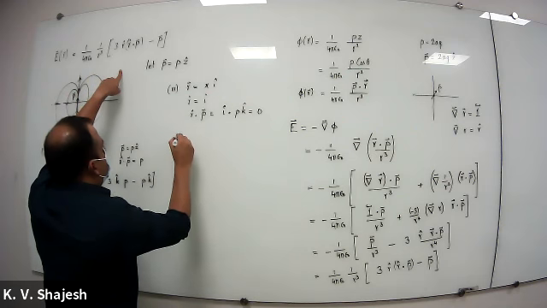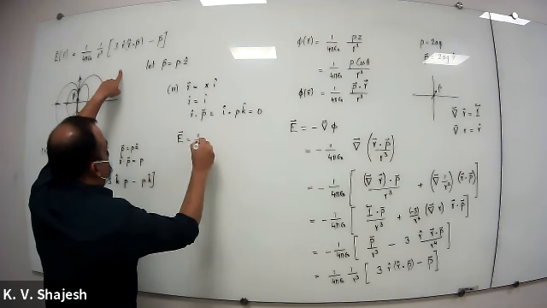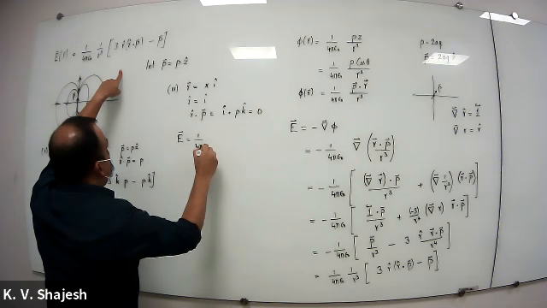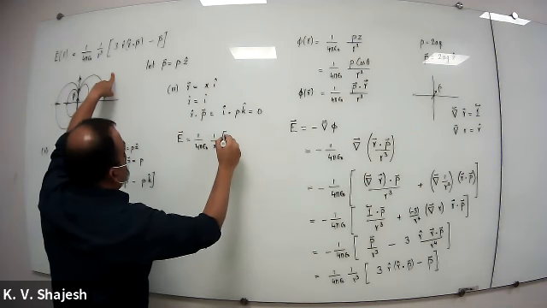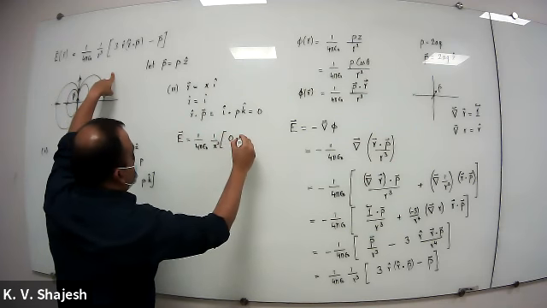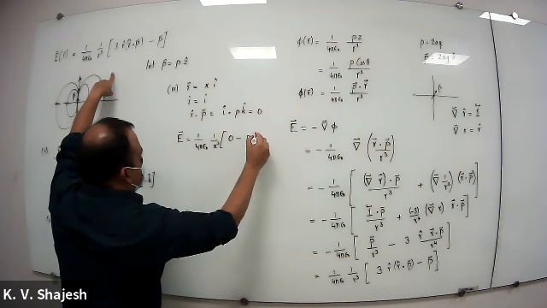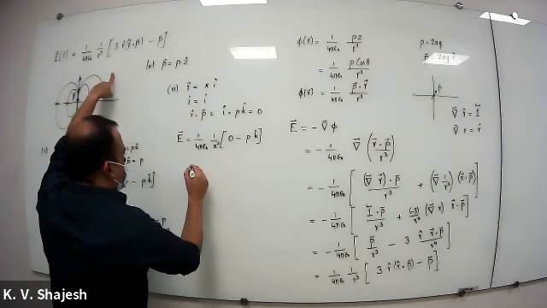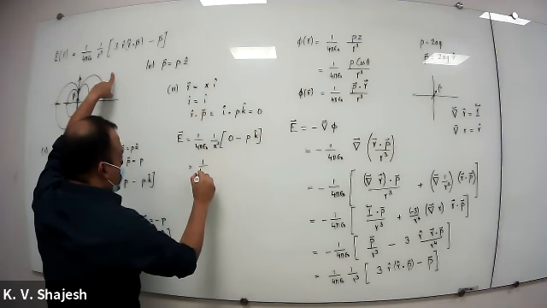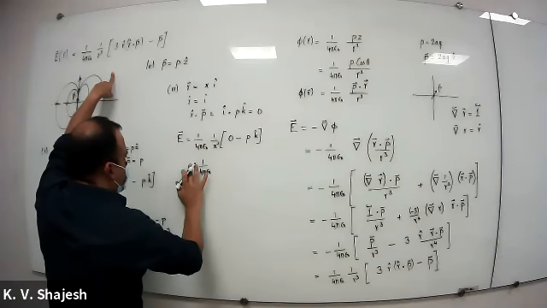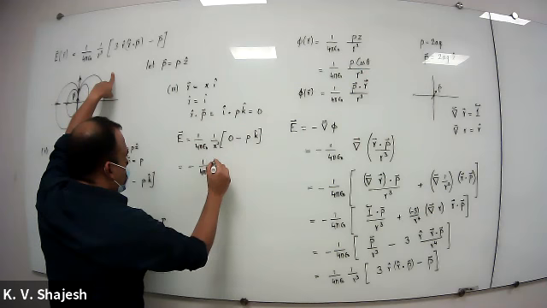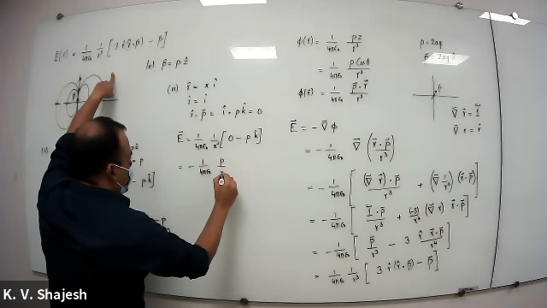So the electric field is equal to 1 over 4 pi epsilon naught, the distance is 1 over x cubed, and this term is 0 now, minus p times k hat. So it's surely weaker, and in the negative direction, so this is equal to minus p over x cubed.